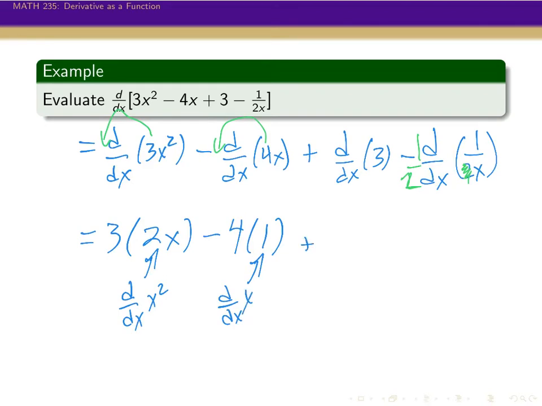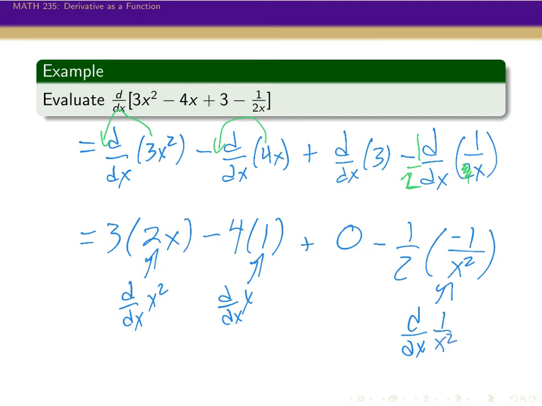Plus, here I'm just taking the derivative of a constant, and the derivative of a constant is 0. And lastly, I have minus 1/2 times minus 1 over x squared, because that's the derivative of 1 over x.